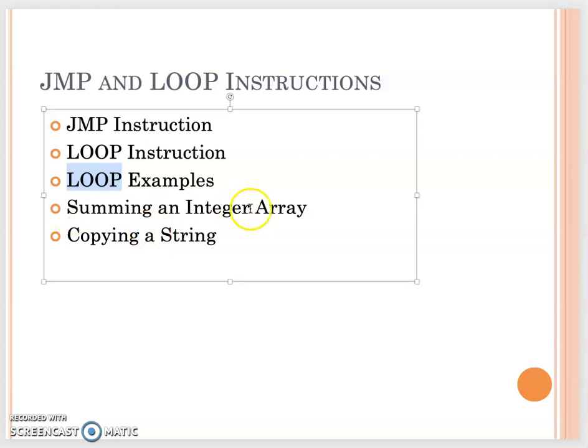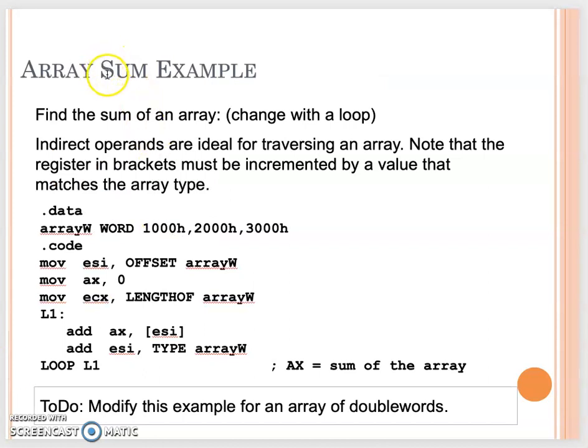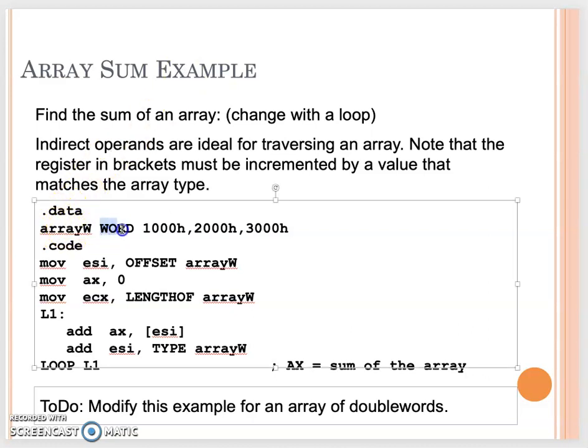So then we will update the sum of array and the copy string, the .asm files we talked about earlier. So the first one, let's talk about finding the sum of an array. If you remember on Tuesday, we have one array W, with the WORD data type, and the values are 1000, 2000, and 3000.